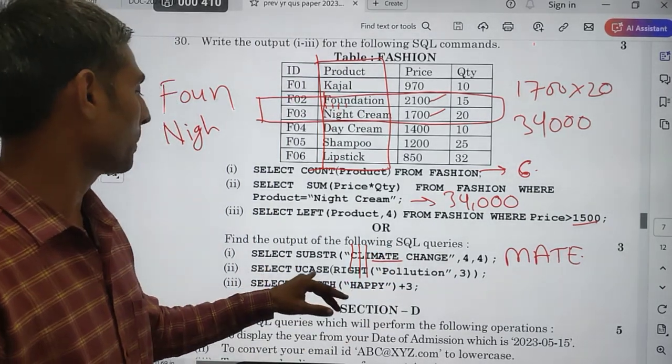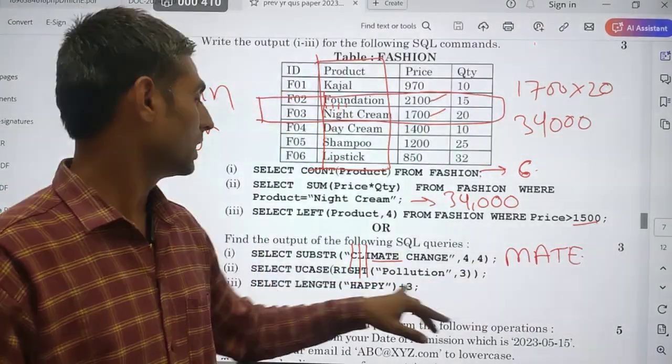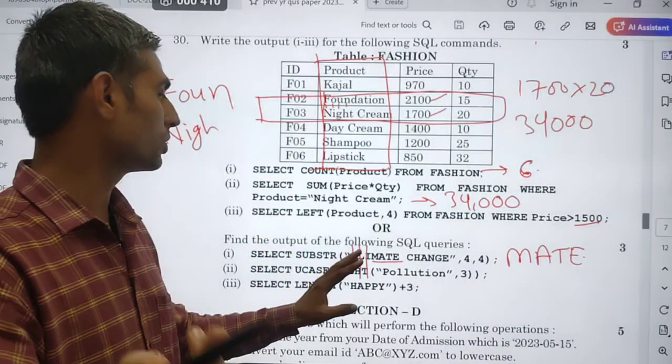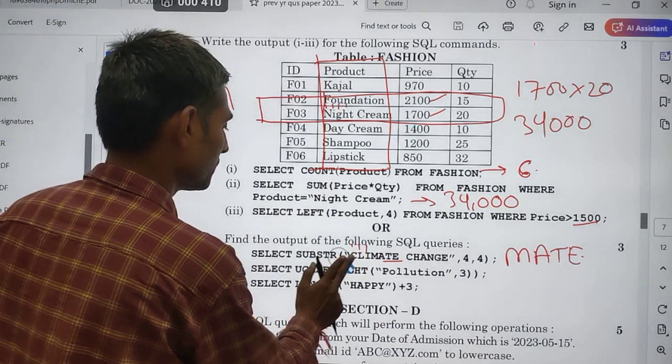Select upper(right('pollution', 3)). Just like left, we are using the right function. So what is the right function?